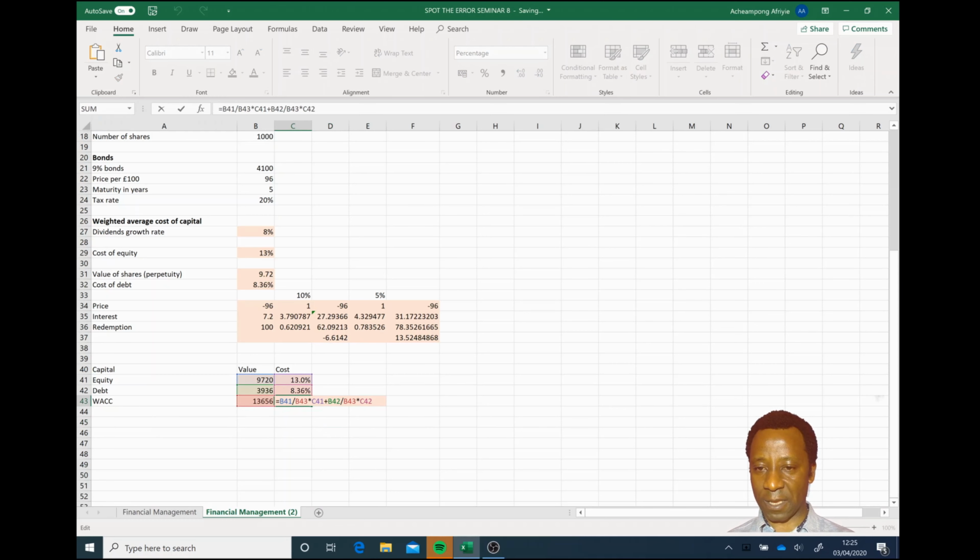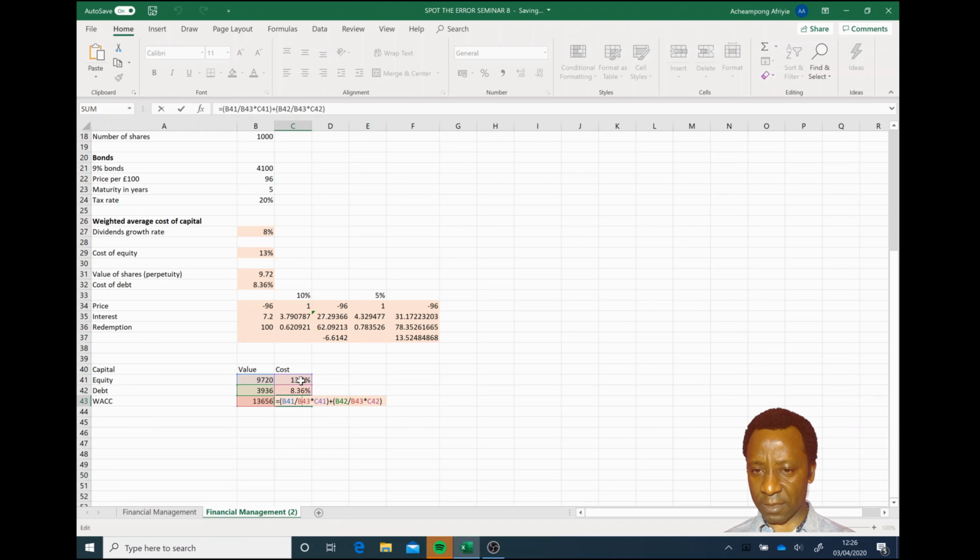We can see here, if you check carefully, the first element of the WACC, which is multiplying the proportion of equity, so the total of equity divided by the total of capital, multiplied by the estimated cost of equity, which they have here.